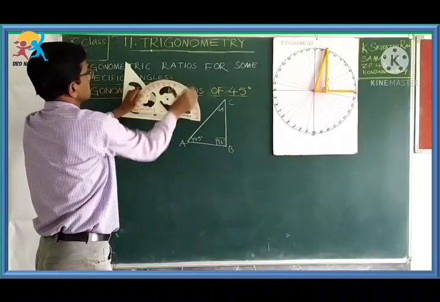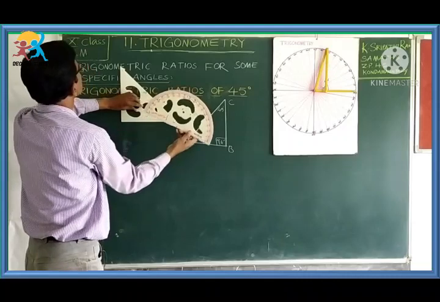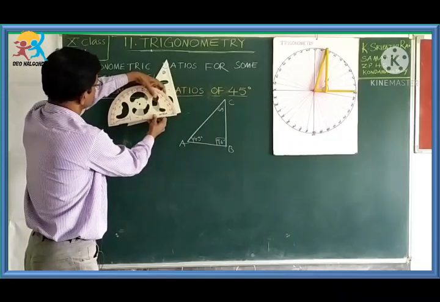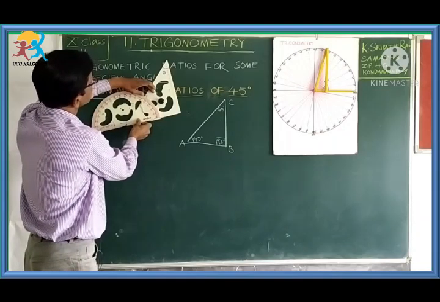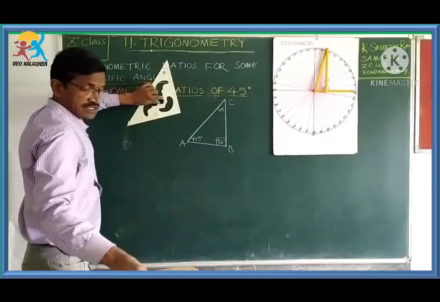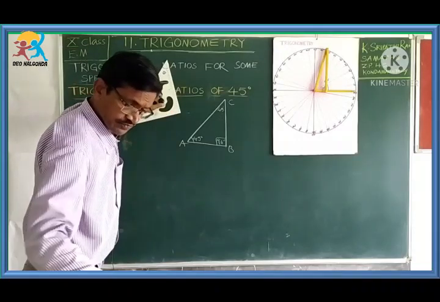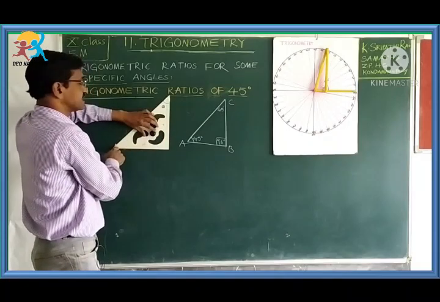See here, it is 45 degrees, and here also it is 45 degrees. So, in this set square, the angles here are 45 degrees, 45 degrees.